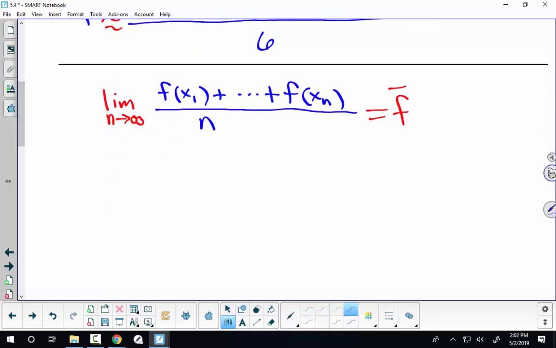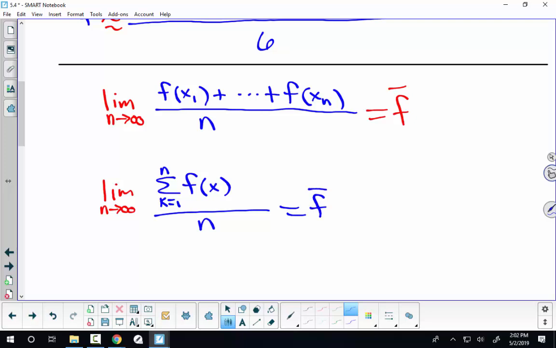Okay, let's write the top in a more compact notation. Let's say this is the limit as n approaches infinity. The top we'll rewrite in summation notation: the sum from k equals 1 to n of f of x, all over n, still equals the average value.